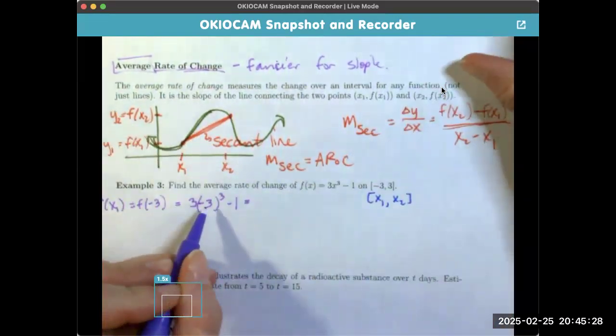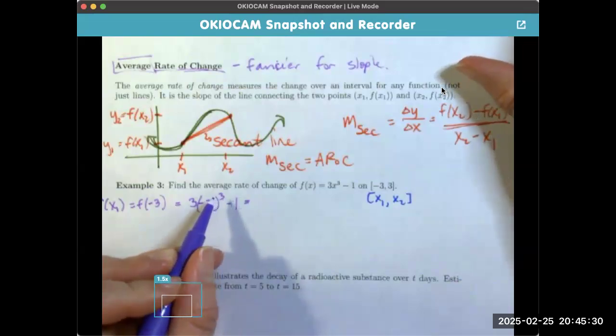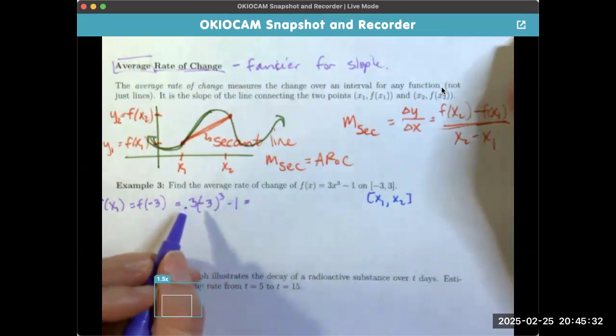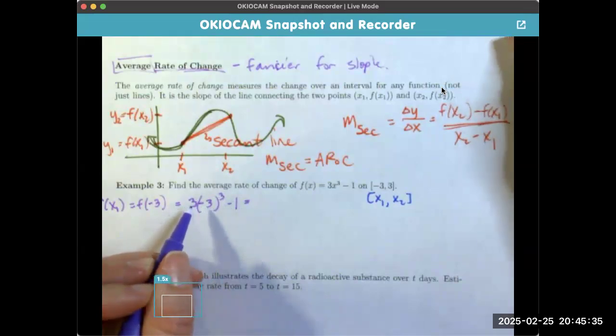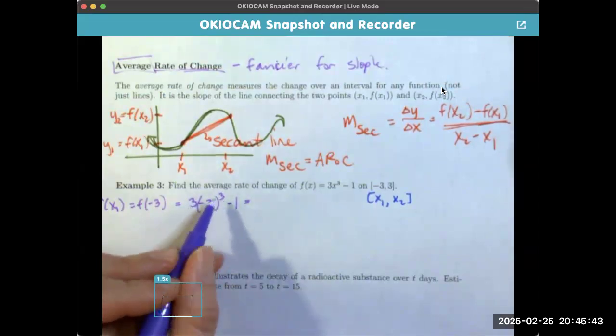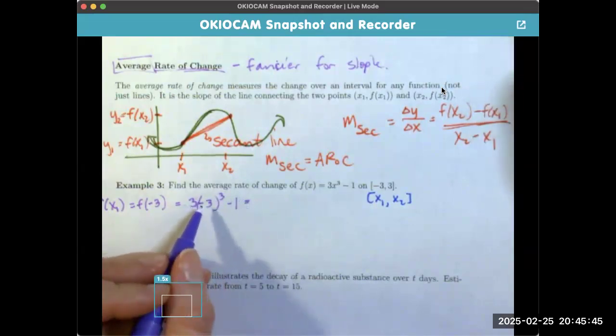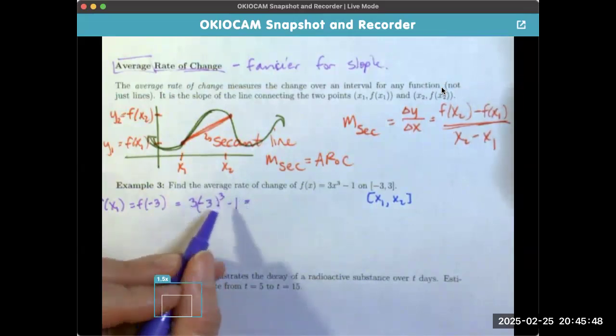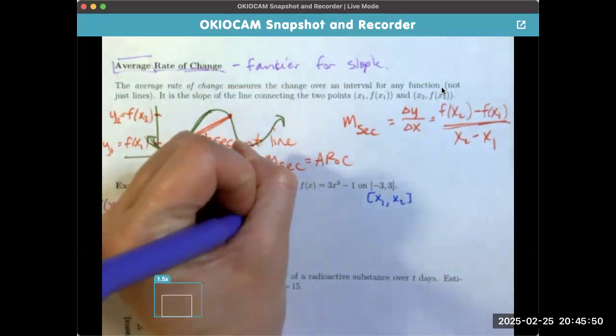This is also, let's see, -3 cubed is negative, what, 27? Times 3 is -81. Because also if you think about it, this is 4 threes or 9 squared, which is 81. This is -81 minus 1, which is -82.